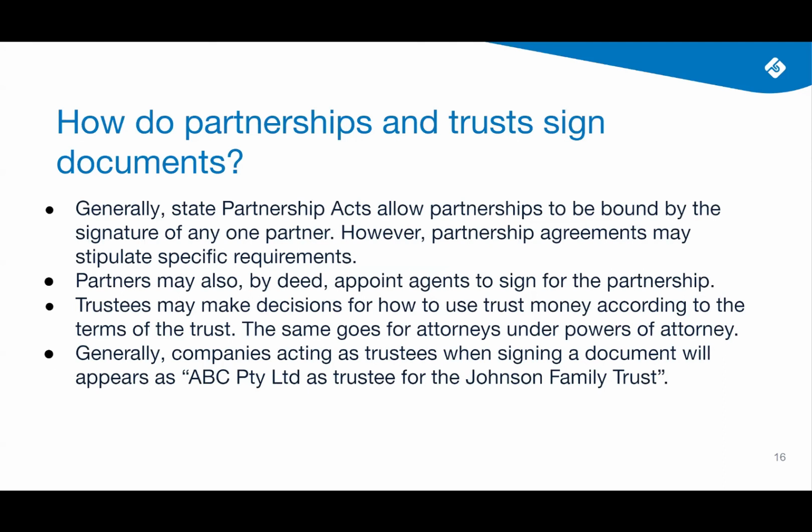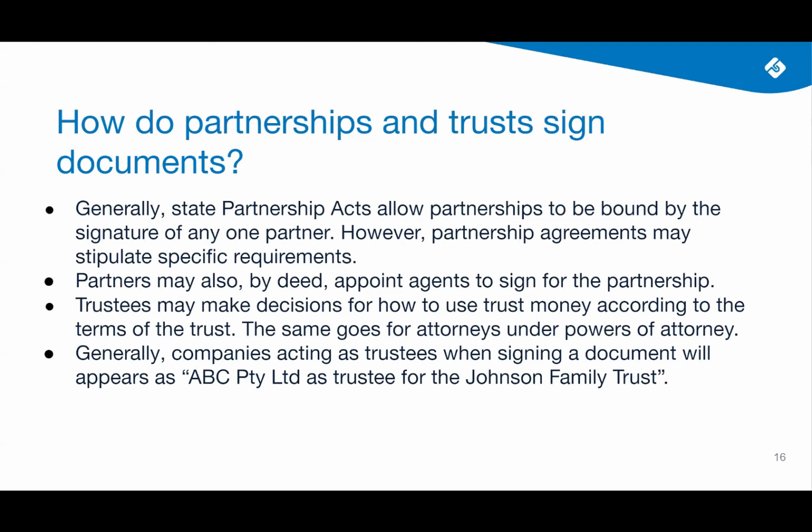Now, in regards to trusts, trustees may make decisions for how to use trust money in accordance with the terms of the trust. So that means that they can sign contracts that will involve paying money out of trust funds, for instance, or running a business on behalf of the trust. And the same goes for attorneys under powers of attorney, by the way.